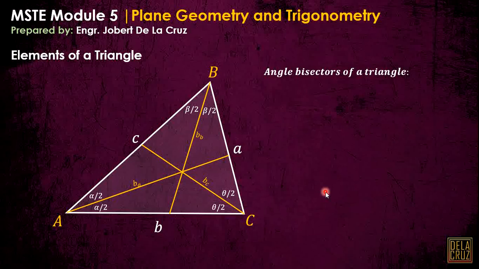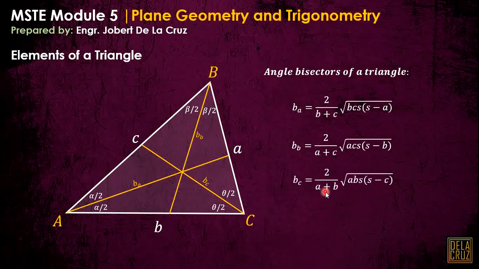Okay. Tawagin na lang natin mga notations nila as B sub A, B sub B, and B sub C. Ito yung mga relation natin between the angle bisector and the sides, no? The same sa B and the same sa C. So, it's up to you how you manage to memorize this one. And that S again is the semi-perimeter. Okay? Now, the point of intersection again with the three lines is called the incenter.